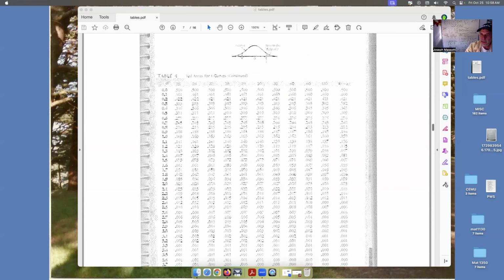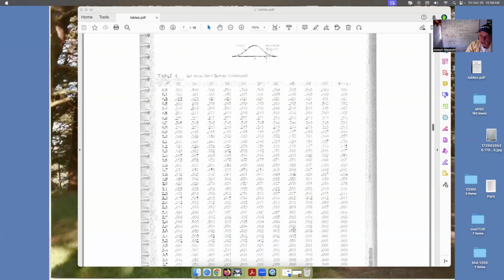We want the probability to the left of -3. That's going to be the same, again, by symmetry, since 0 is in the middle here, and it's a symmetric distribution. If we look up the probability greater than +3, we will get the answer that we want, 40 degrees of freedom. When we go down to this column over to 3.0, over to 40 degrees of freedom, we see 0.002.